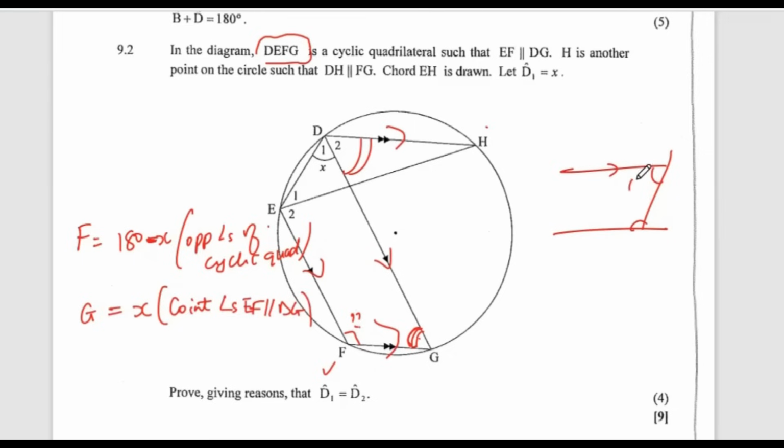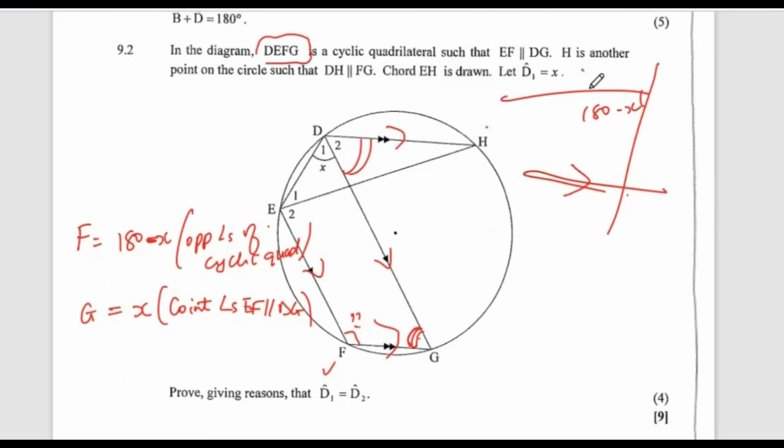So if this is 180 minus X, this second angle we don't know, maybe P, then P plus 180 minus X must give us 180. That is the rule about co-interior angles. Then when you move the 180 to that side, it's going to cancel out. You move the X to that side, which means P is the same as X. That is the principle that we're using.